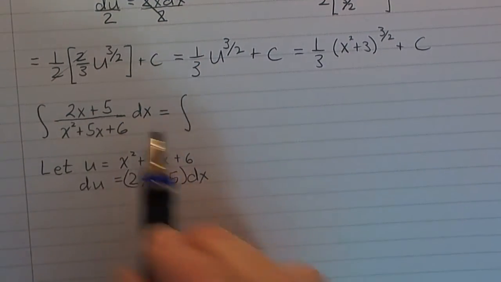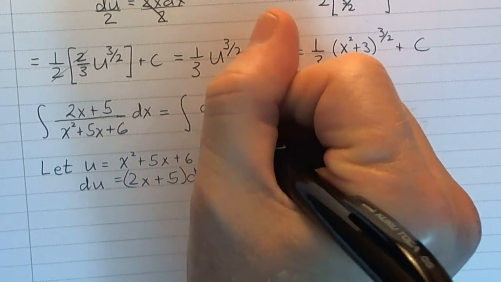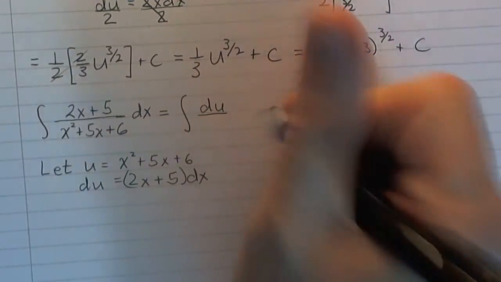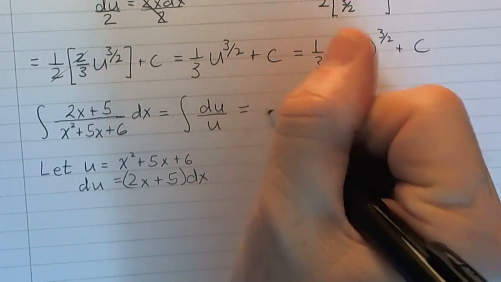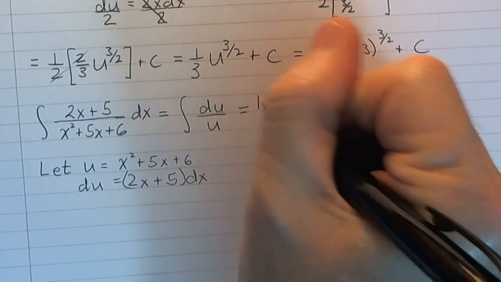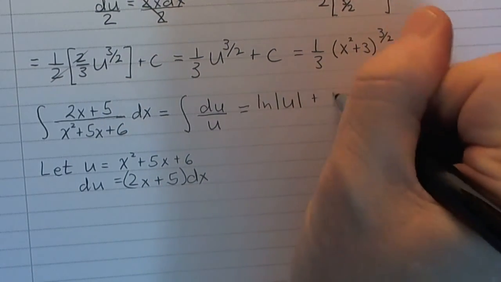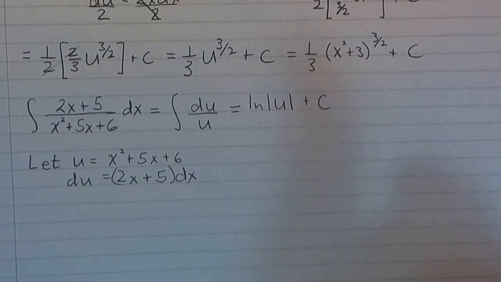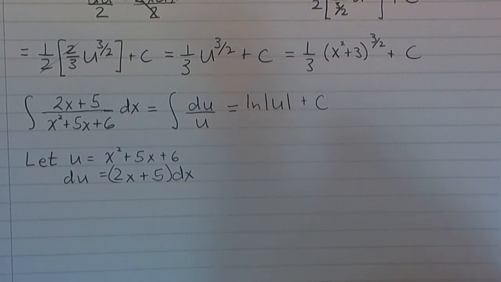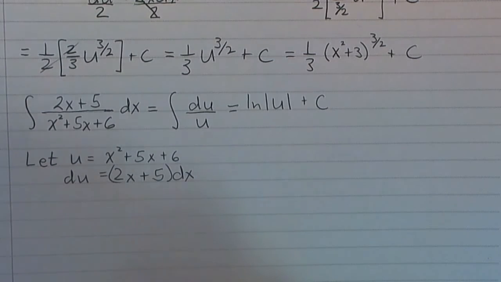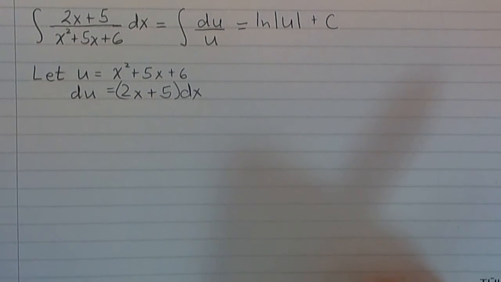In place of 2x plus 5 dx, I'll just put du. And then we've got u on the bottom. So that's just going to be the natural log of the absolute value of u plus c. There we have it. And that is our antiderivative. We could always plug back in if we wanted to. But that's all we need to do.